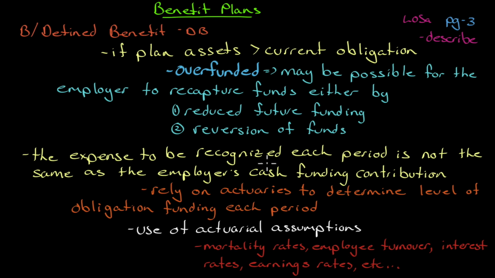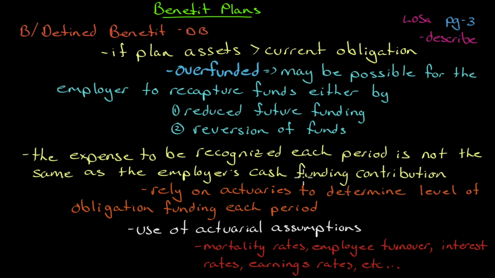The expense to be recognized each period is not the same as the employer's cash funding contribution. You can sort of think about it this way. Let's say that I buy a piece of equipment for $100,000 that's going to last 10 years, and I depreciate it by $10,000 a year. That's the expense that I recognize. But how I fund the purchase of that asset is not my expense.